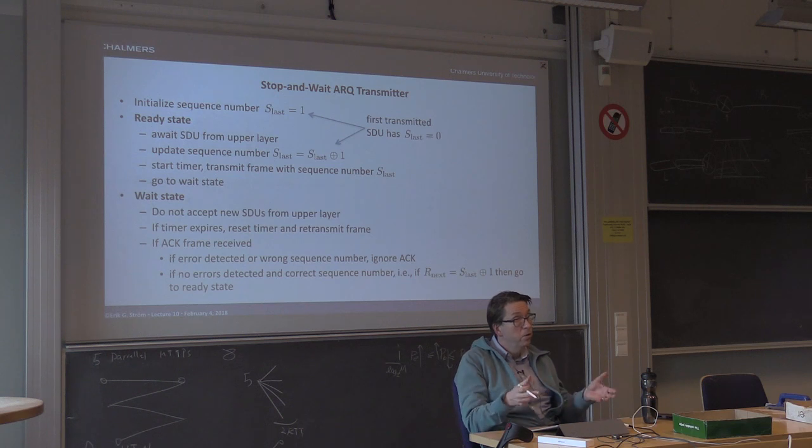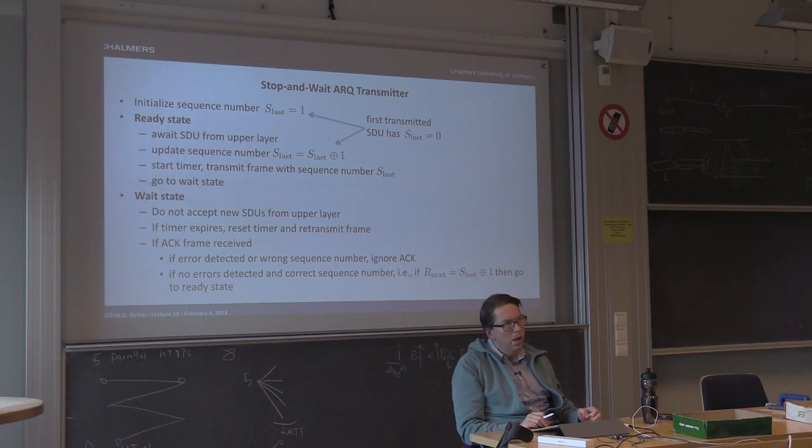But if the error is not detected, but the sequence number is wrong, something bad has happened. I don't know what, but I'll just ignore it. And we will see later on that this is the right choice, because then we maintain the integrity of the protocol. The right thing to do in that case is simply to ignore it.